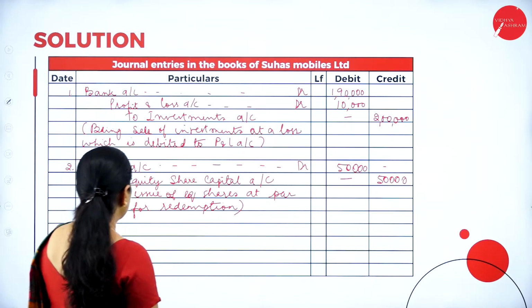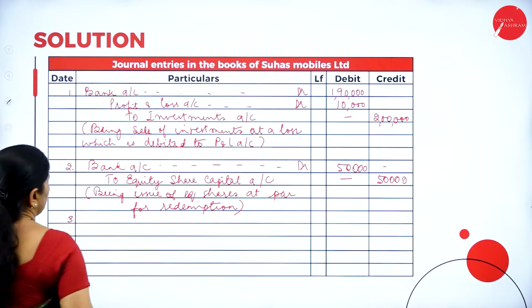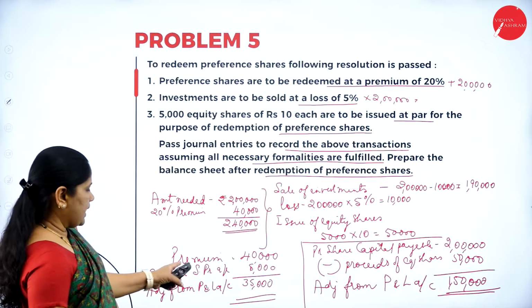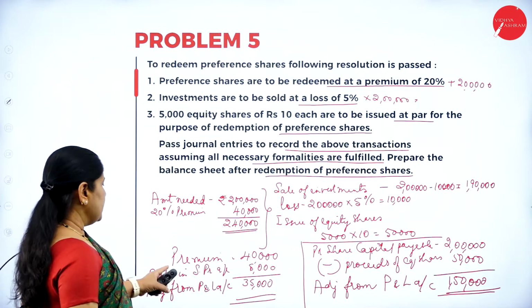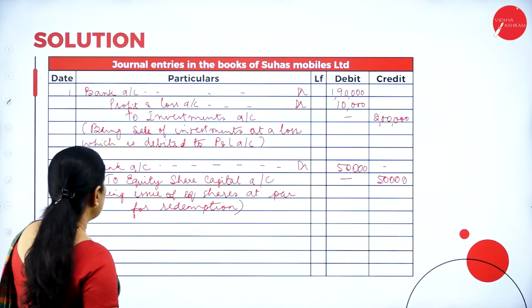Now, I have to make the journal entries for these transactions. Now, the third transaction is I have to make an entry for the premium. So, I have to debit securities premium account and profit and loss account.